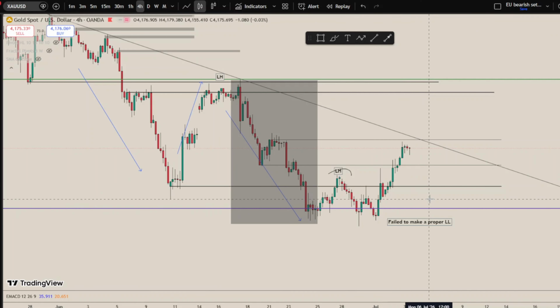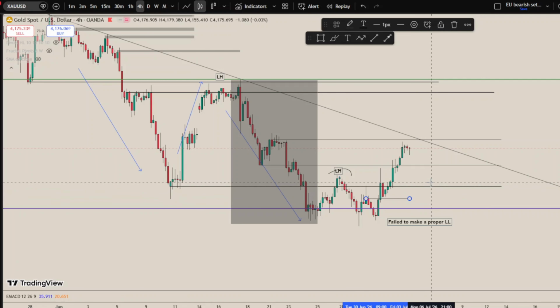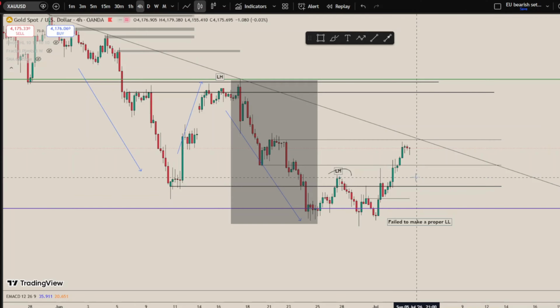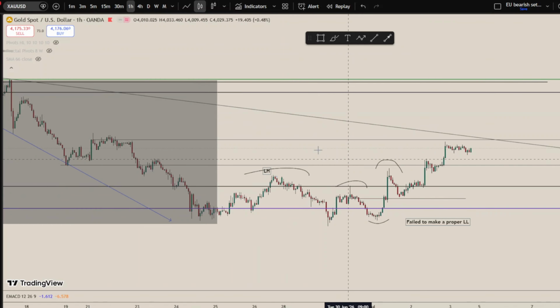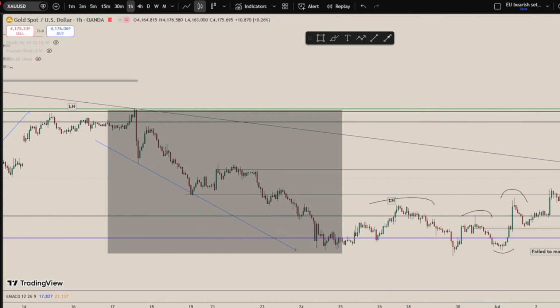Instead, it started coming up by breaking this resistance, and also coming back above this level. So let's go to the 1 hour chart and see what's going on there as well.